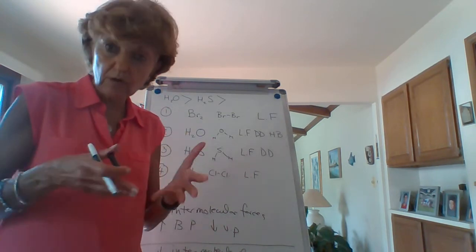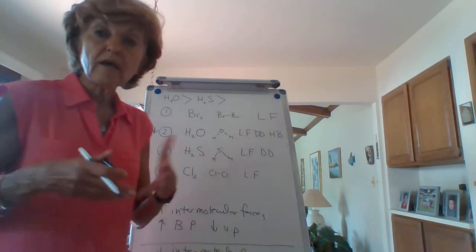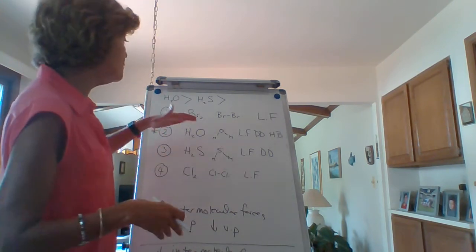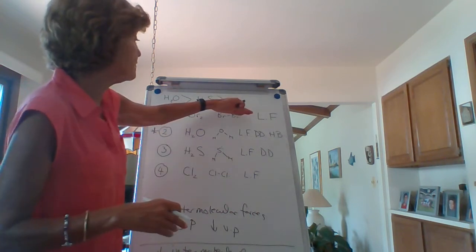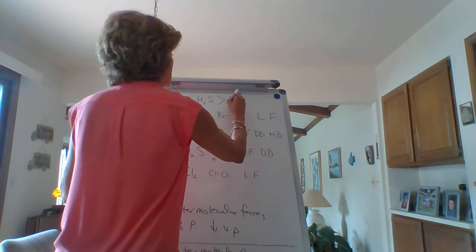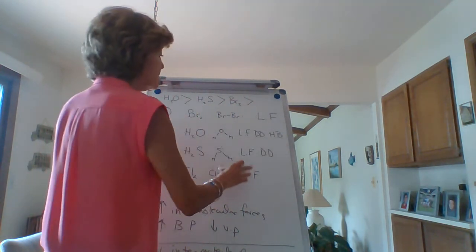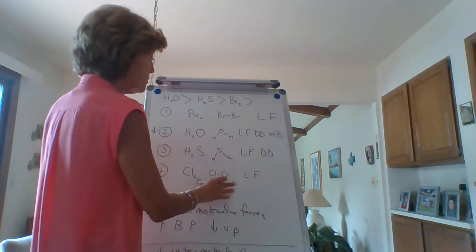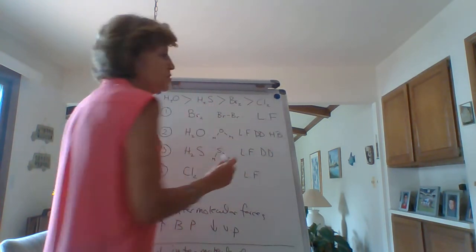Bigger Br2 molecule than the Cl2, heavier. So the bromine's London forces are affected by that size. So this London force is stronger than this one. So the next highest boiling point would be the bromine. And then the smallest London force, lowest boiling point, meaning highest vapor pressure, would be the chlorine.